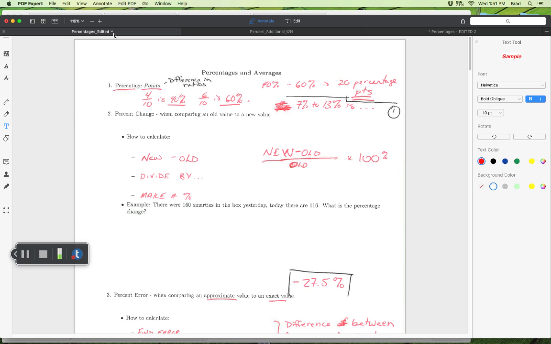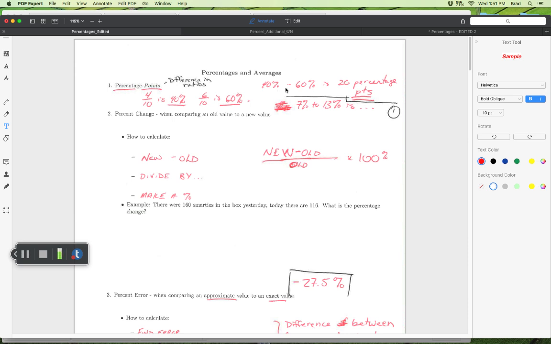Percentage points is actually a difference in ratios. So here we've got 4 out of 10 is 40%. Say 4 out of 10 people exhibited some trait, and 6 out of 10 people perhaps exhibited that trait in the next experiment. So we ran some experiment once where 40% of the people participating exhibited some quality, and then the next round 6 out of 10 exhibited that quality.